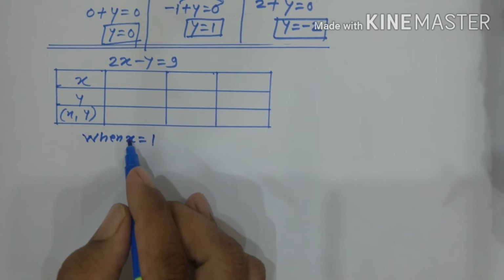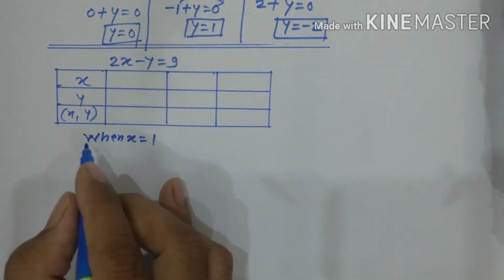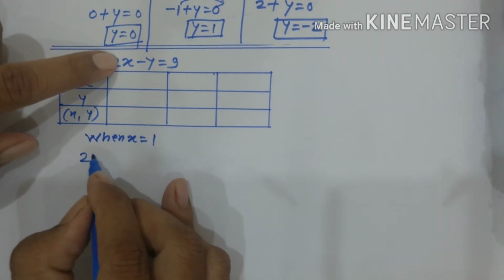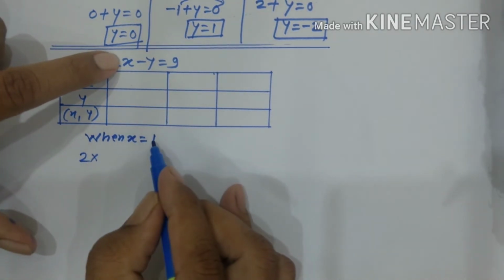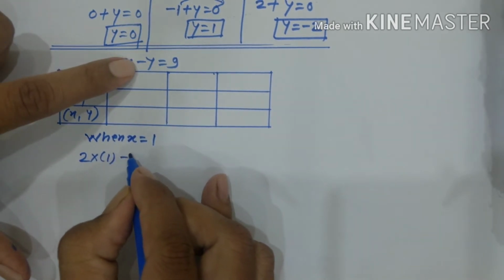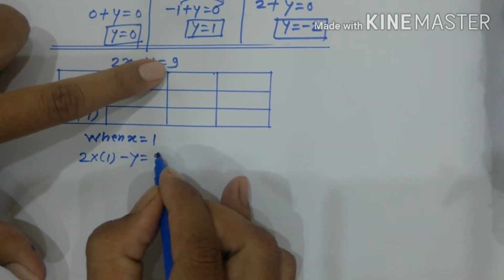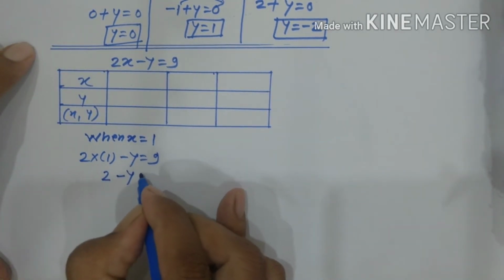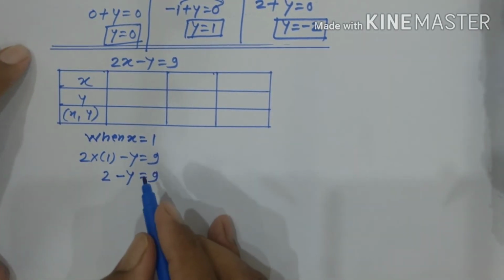Put this value of x in given equation. Therefore, equation becomes 2 into x. Put 1 at the place of x. Minus y equal to 9. 2 ones are 2. Minus y as it is equal to 9.